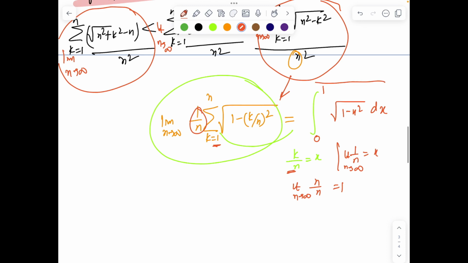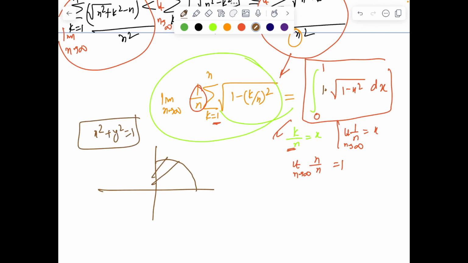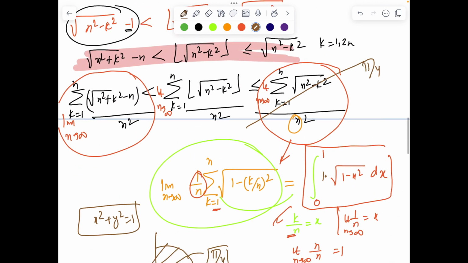So this is precisely the integral from 0 to 1 of root over 1 minus x square. Either you can use integration by parts, or you can easily see it's 1/4 of the circle, because root over 1 minus x square comes from the unit circle equation. So this area is precisely the geometrical meaning of this integration, and it's nothing but pi over 4. So I know this evaluates to pi over 4.